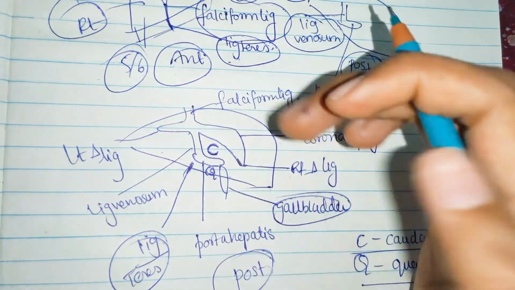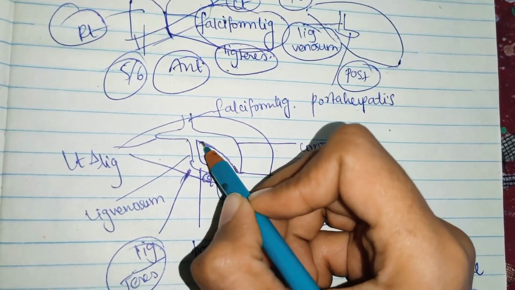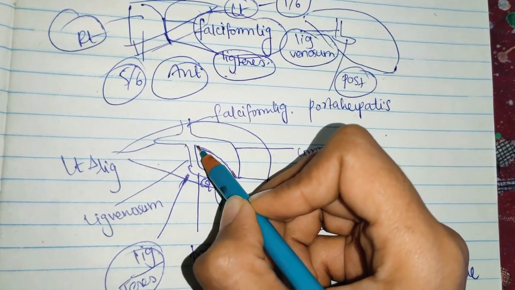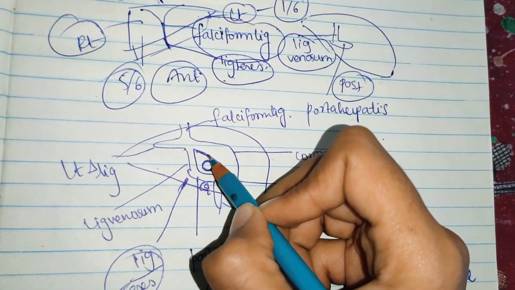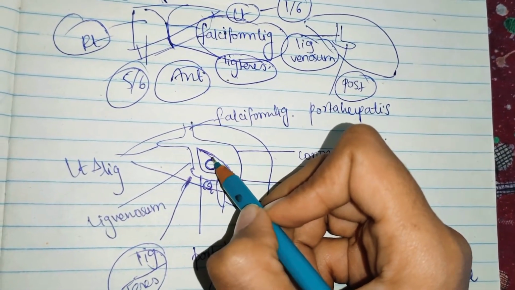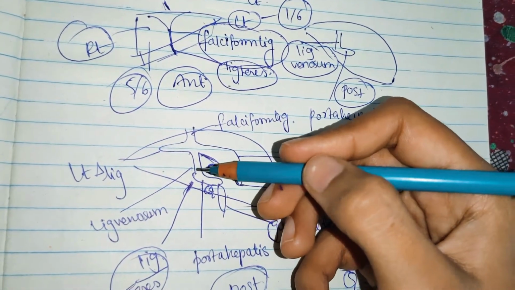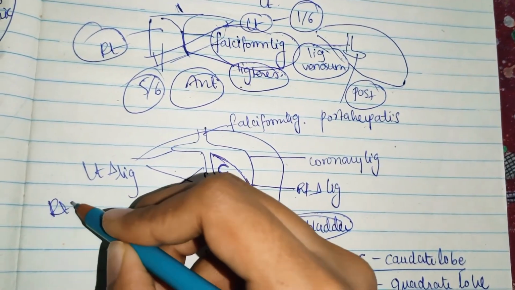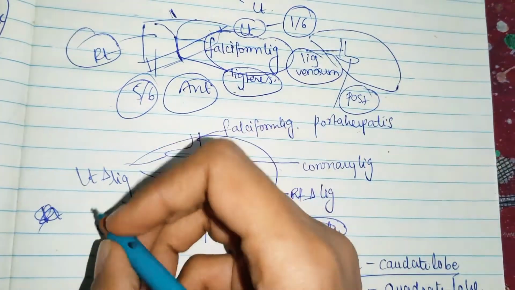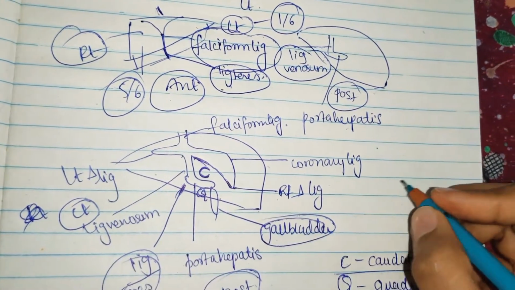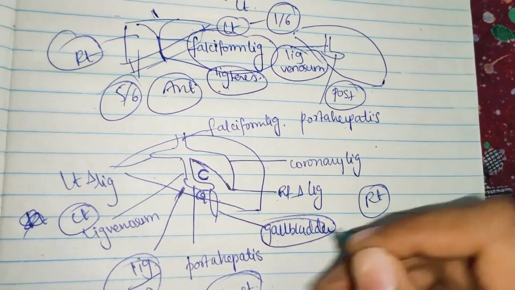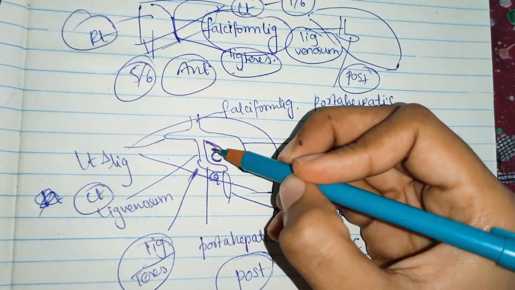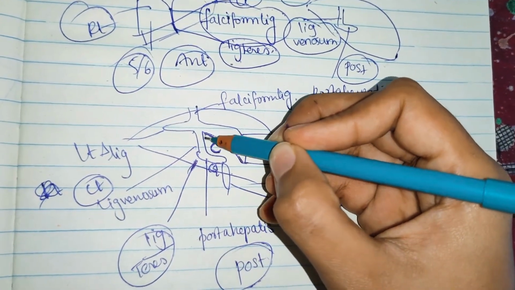The caudate lobe is formed by boundaries. If you see, superiorly it has the inferior part of the coronary ligament, right? Now this is the posterior side, so this will be the left side and this will be the right side. Okay, so on the left side you will have your ligamentum venosum.